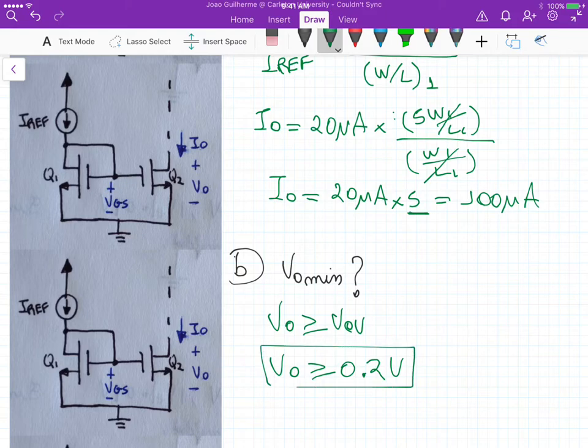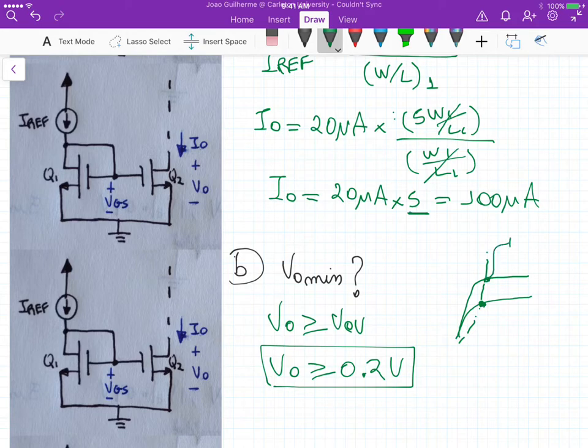Remember from that curve, we have several curves for different VGS, and then we have this particular dashed line that defines the edge of saturation operation.